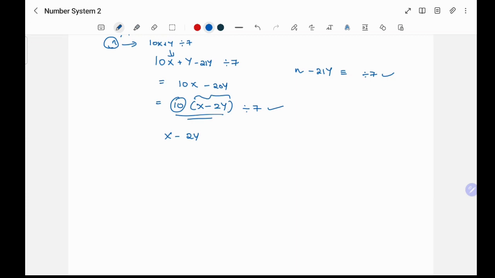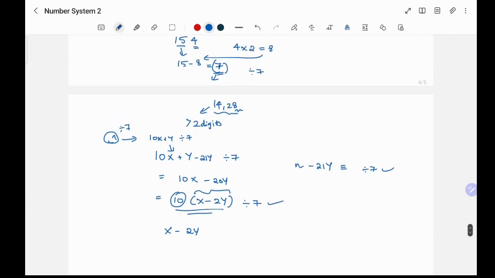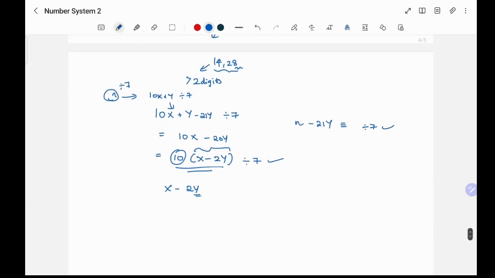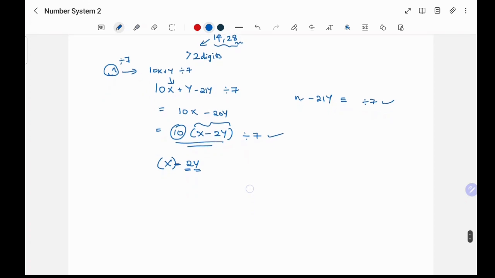We just took the units digit, multiplied it with 2, and subtracted it from the other leftover digits. So if this is divisible by 7, it is good enough to say the original number is also divisible by 7.